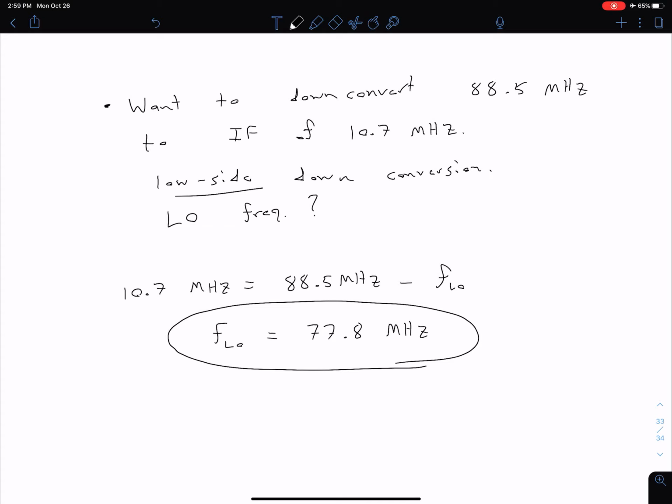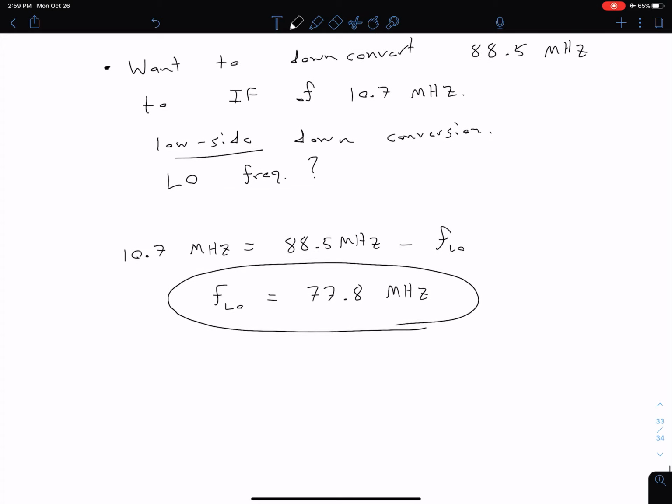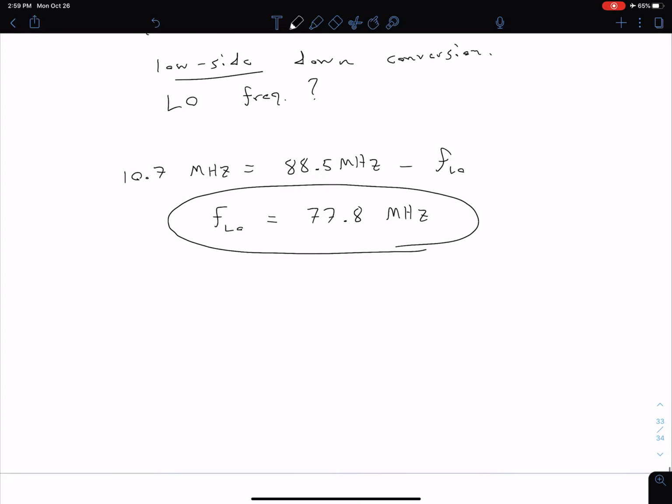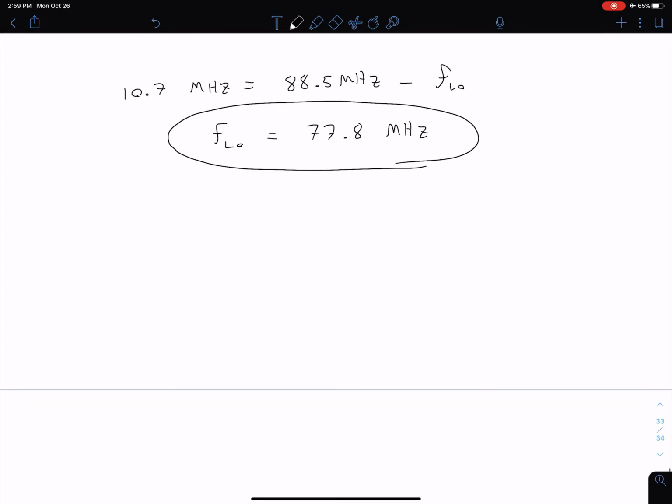The issue of image response comes into play if we consider, what if there's another signal that's 10.7 megahertz below this local oscillator frequency? Let's consider what happens then.